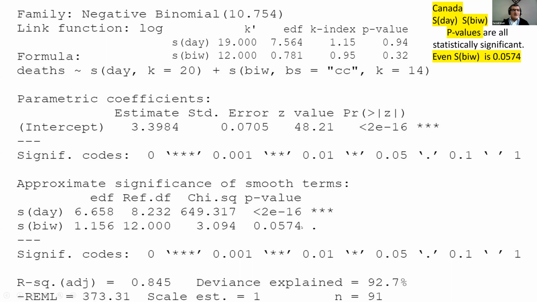And biweek is significant at the 0.05 level. And again in this case, R squared and adjusted R squared are almost the same, the scale is the same, and deviance is 92%.